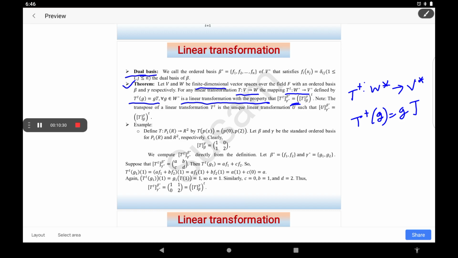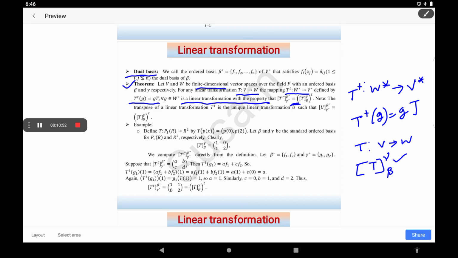So once you know a linear transformation T from V to W, where V and W are finite dimensional, then you will have the matrix representation of T that I have mentioned in my last lecture. And when you have a matrix, you must think about the transpose of that matrix.